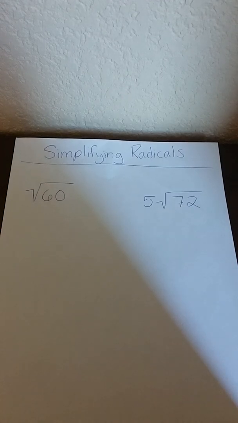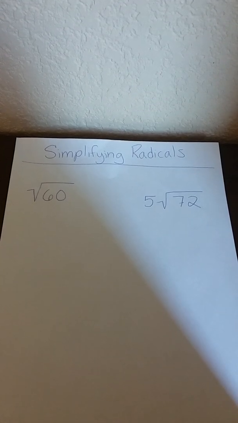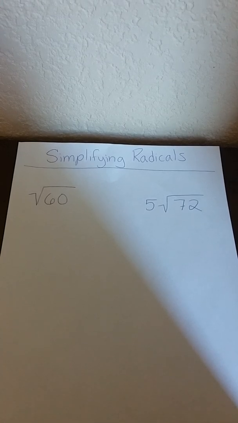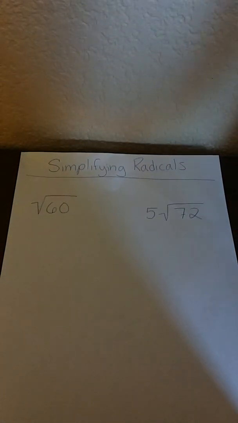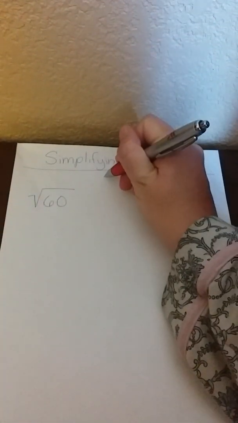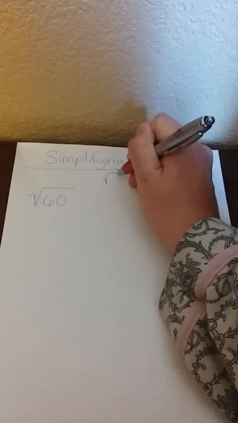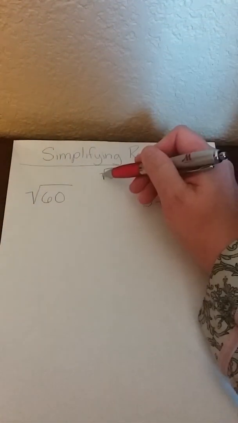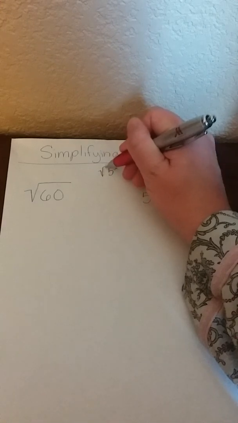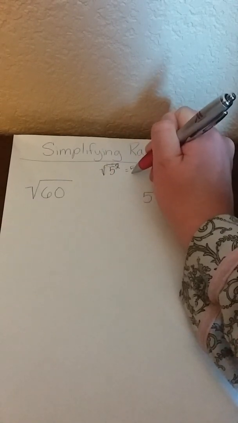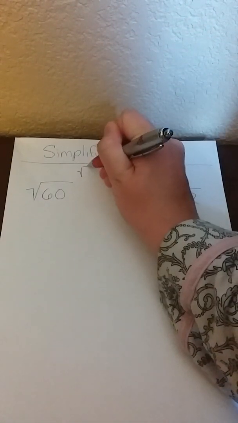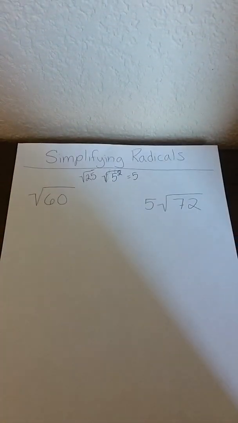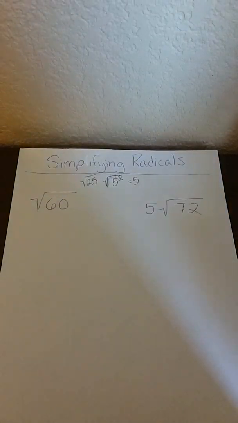When you simplify, the thing to keep in mind is that the opposite of square root is squared. Square root and squared cancel out. So for example, if I had the square root of 5 squared, the square root and the squared would cancel out, and that would just give us 5, which makes sense because 5 squared is 25, and we know that the square root of 25 is 5.